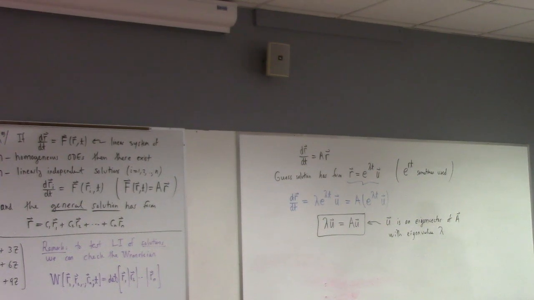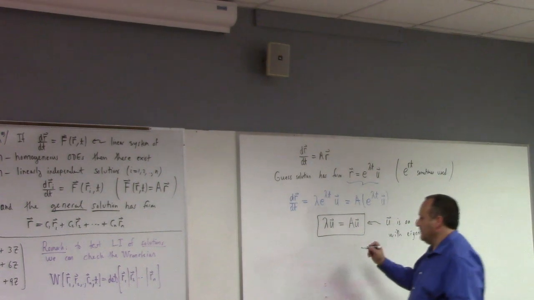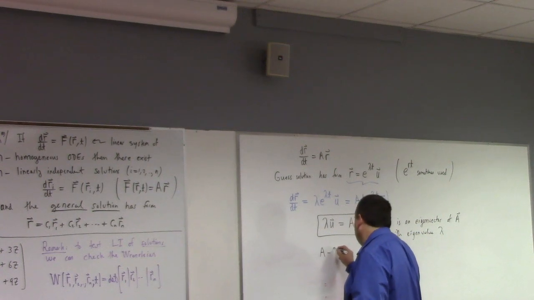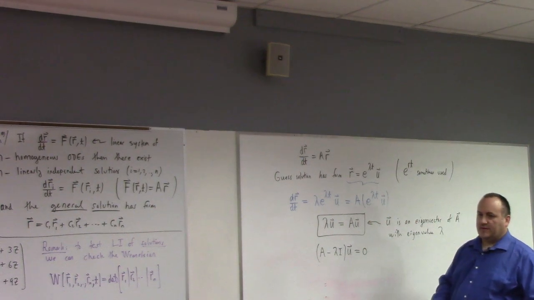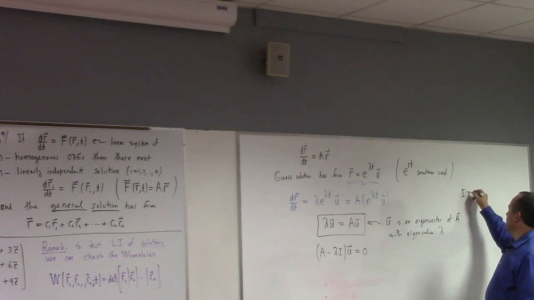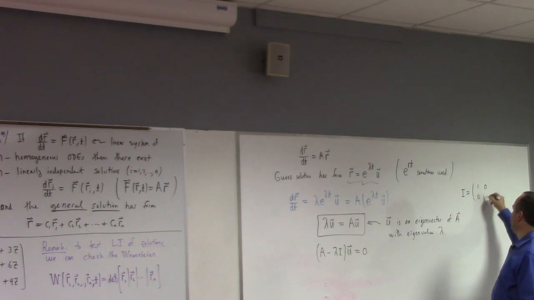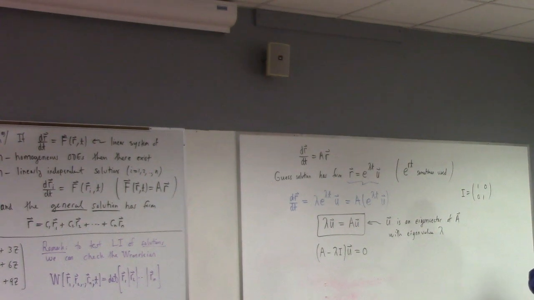Let me tell you a little bit more. We can rewrite this as A minus lambda times the identity matrix, times u, equals 0. So this identity matrix I'm talking about, in the 2 by 2 case, it's like this. So I can rewrite it like that, all right?